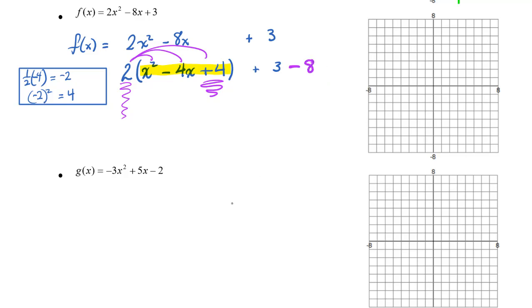But remember, that is making up for adding 8 inside parentheses. You could also think of this as subtracting 2 times 4 because we just added 2 times 4 on the inside. That's a very important part that you have to keep track of.